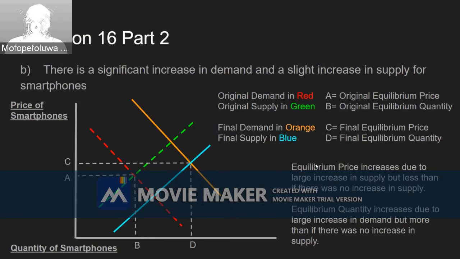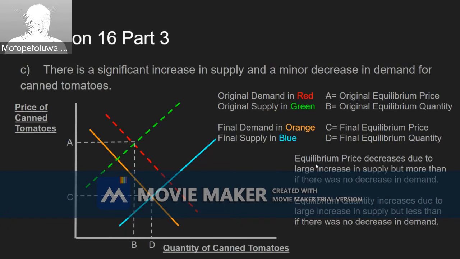And then for part C, you can see that there is a major increase in the market supply, but a minor decrease in market demand.